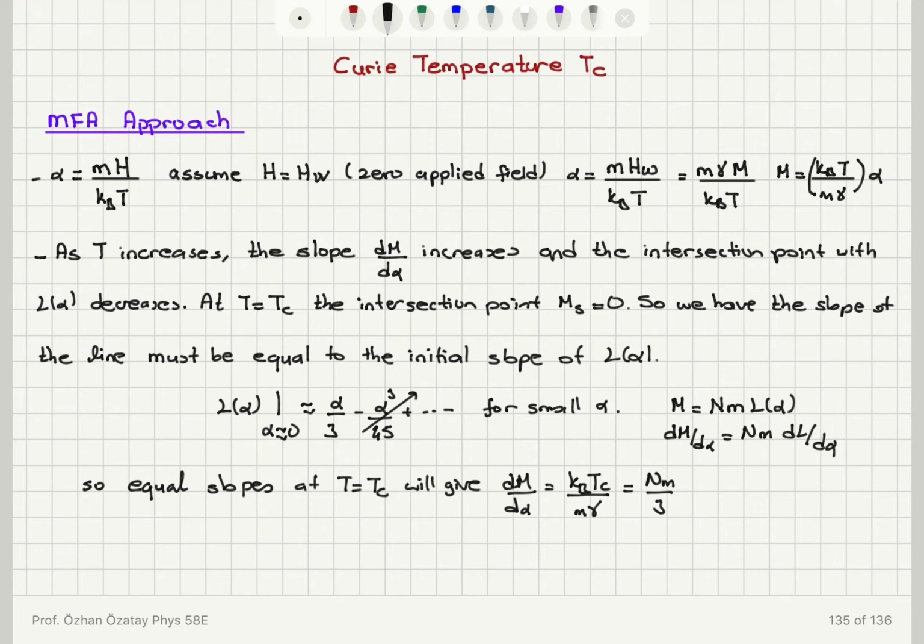So this is going to give us, for the Curie temperature, Tc equal to molecular field constant gamma times number of atoms per volume, n, times magnetic moment per atom squared, m squared, divided by 3 times the Boltzmann constant.